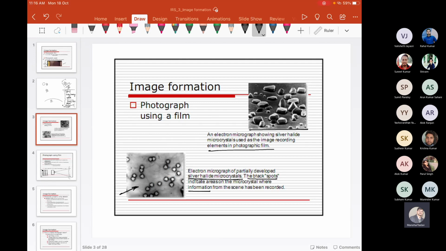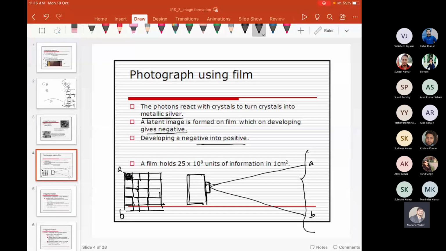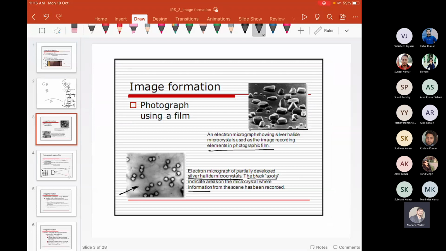There is a chemical reaction, and when the light interacts with the silver halide, on the basis of the intensity of light, the metallic silver microcrystals are arranged.